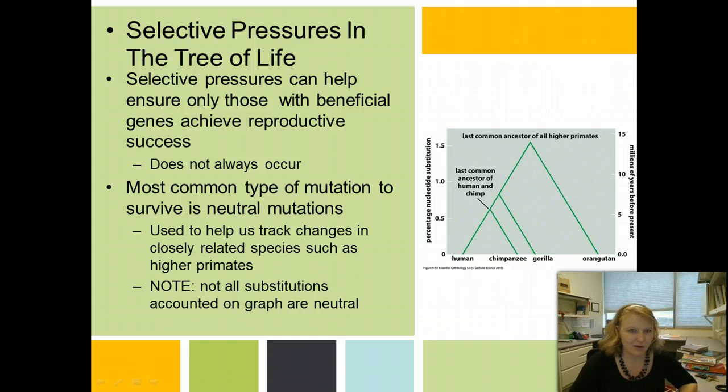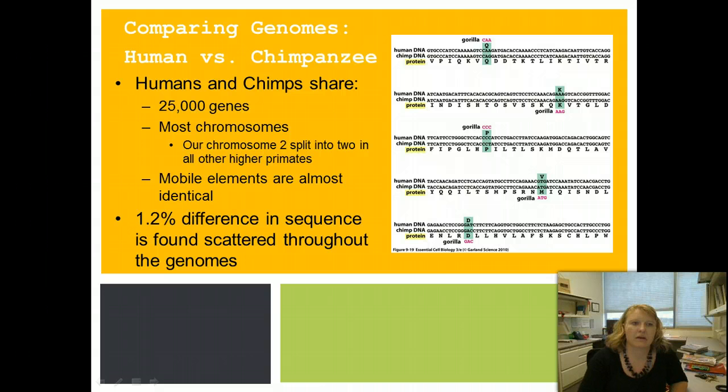However, that's not always the case, because obviously if they were all neutral mutations, orangutans and us would look identical. We would be the same species. So the changes do have to impact things such as regulatory genes or even genes themselves. So it's really important to understand that just because a lot of them are neutral mutations, not all of them are.